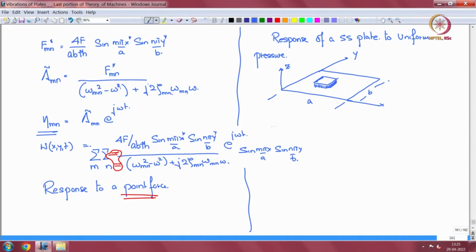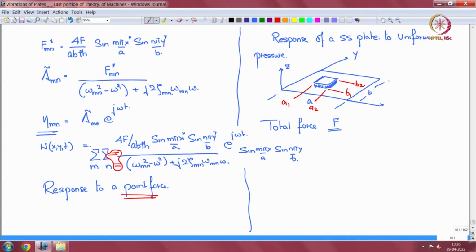Okay. So now suppose the total force is F, and this region is from A1 to A2 and B1 to B2.